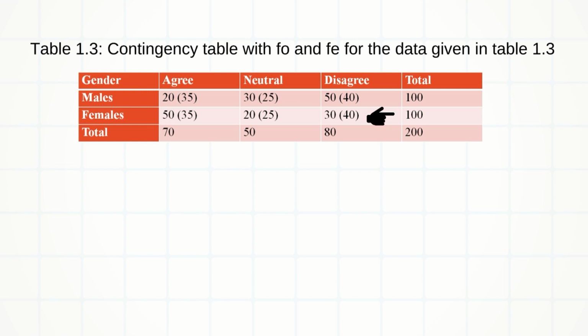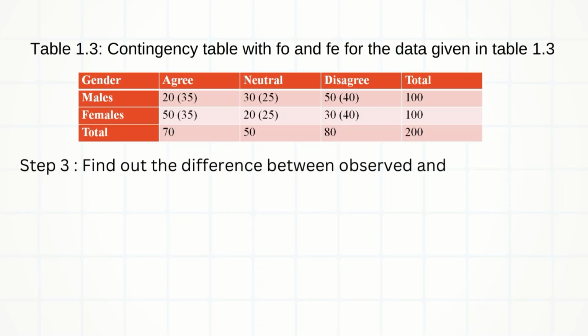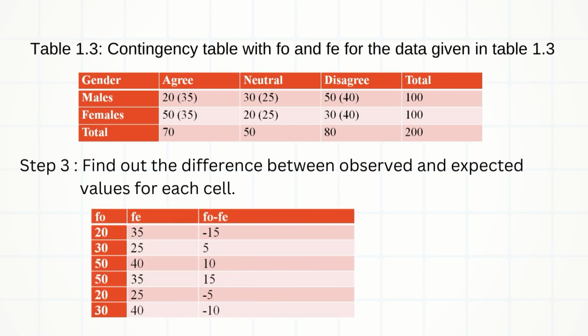Now, come towards step number 3, and this is to find out the difference between observed and expected values for each cell. We have to calculate FO minus FE, and these are the values 15, 5, 10, 15, 5 and 10.